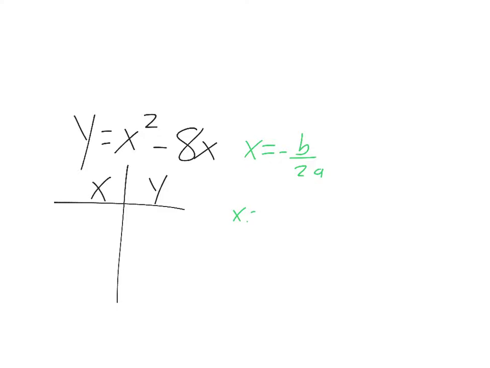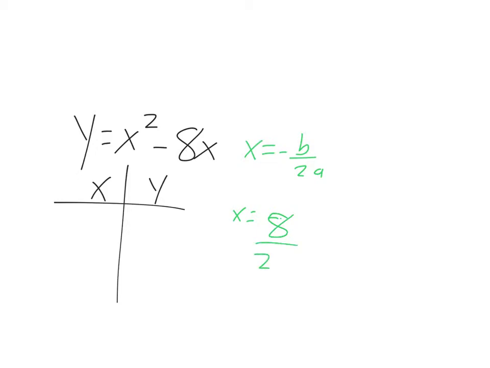So in this problem, that would be negative, what is my b? The b is -8. So minus -8 is what? Minus -8 would be +8 over 2 times a.